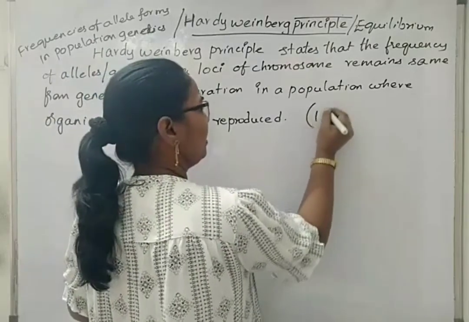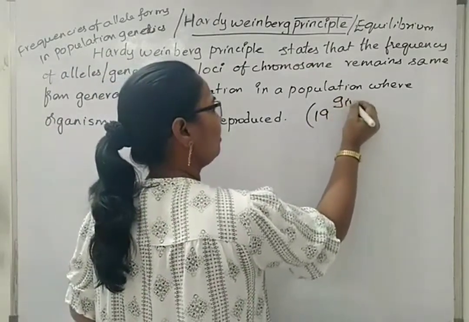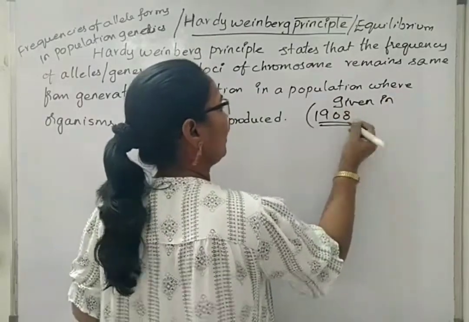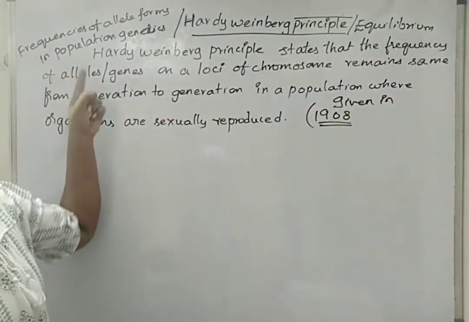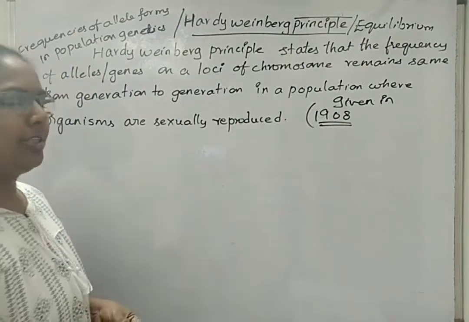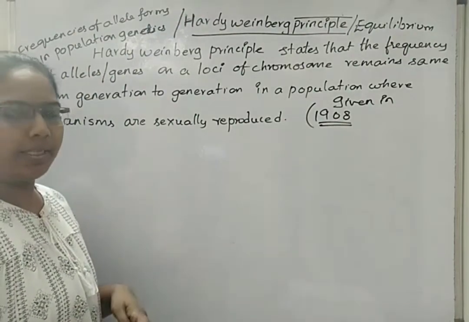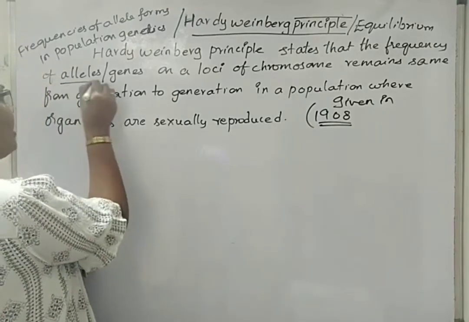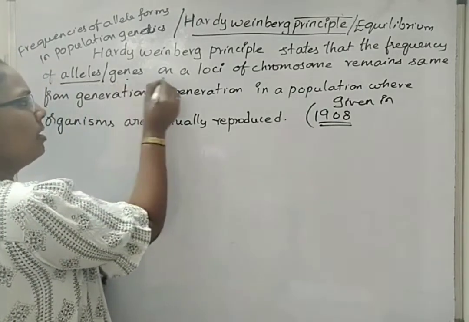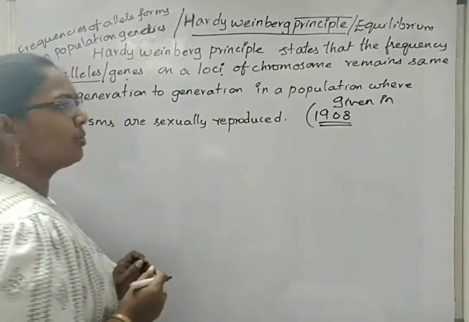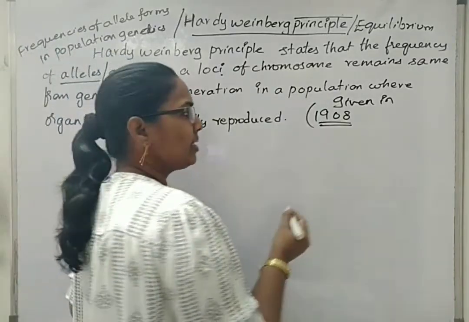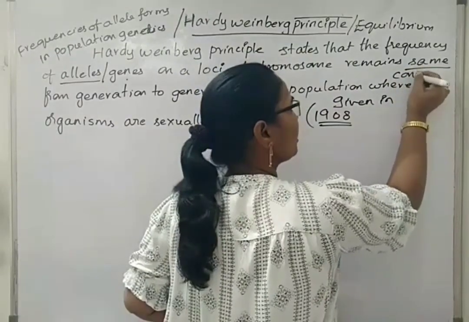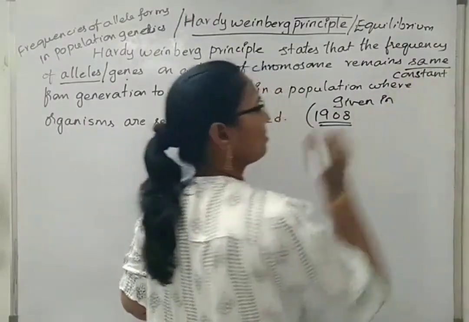So, if we see the definition once again, the Hardy-Weinberg equilibrium states that the frequency of alleles of a gene on the loci of a chromosome remains the same. It means the same, we can also use the term constant.